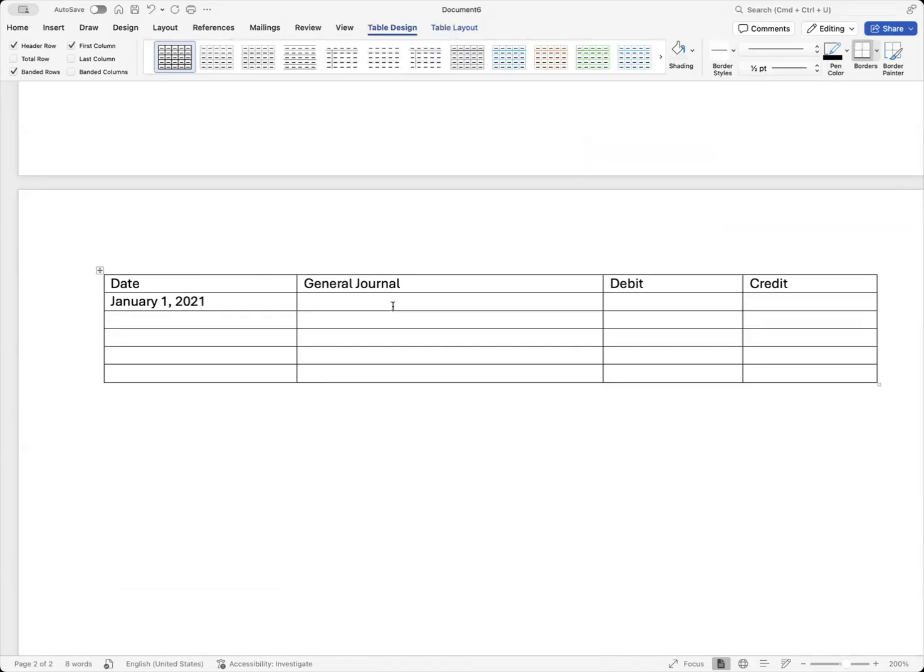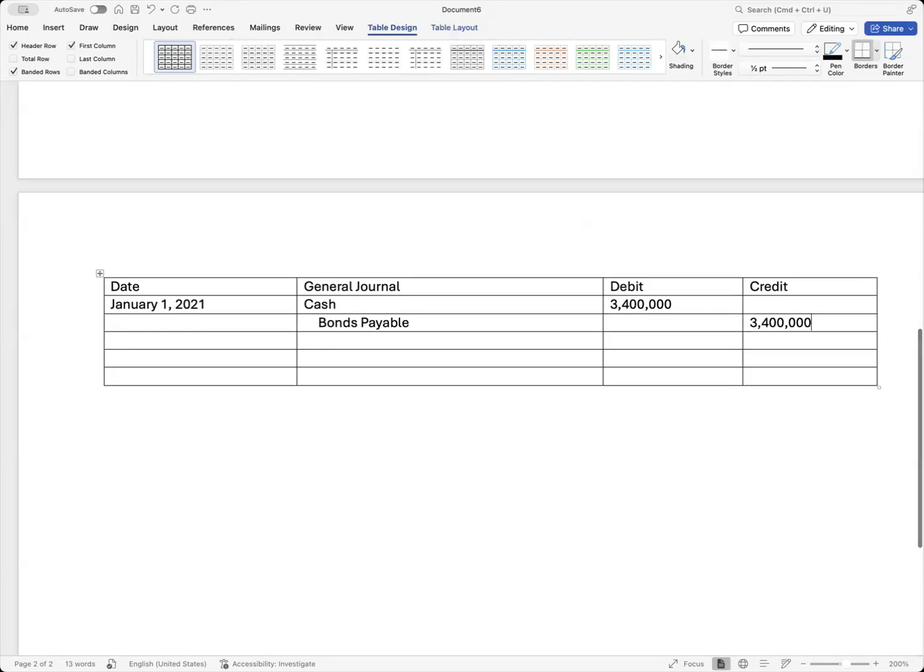So that means we're going to be getting cash in exchange for them. So we're going to debit our cash account for the par value of the bond, which is 3.4 million. And the credit entry is going to be a bond payable for the same amount, 3.4 million. So that's your first entry.